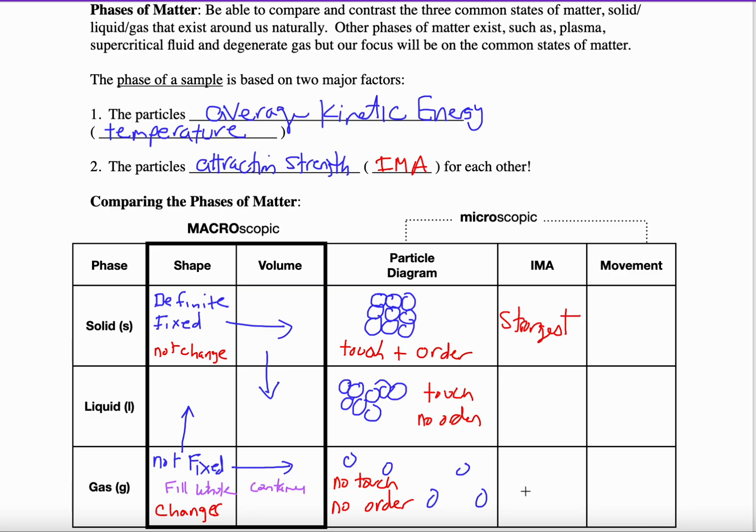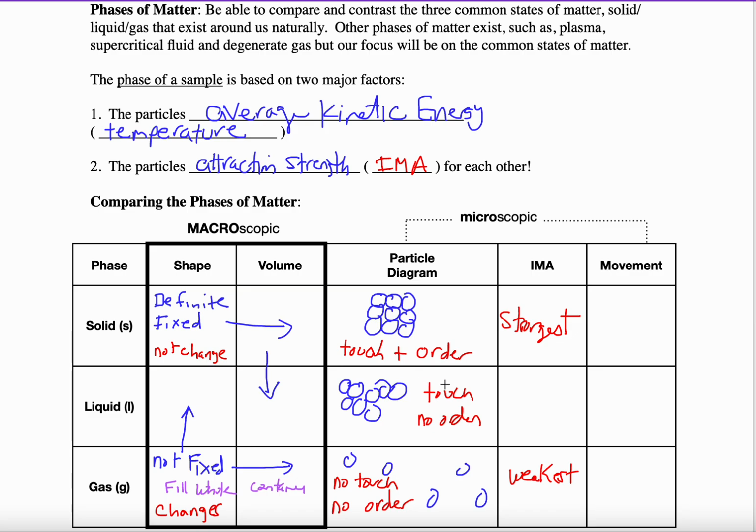Where the gas is the complete opposite, the particles don't touch, there's no order, and their shape and volume changes based on the container we put them in, and that's because they have the absolute weakest IMAs. Some people say they're so weak they don't even exist.